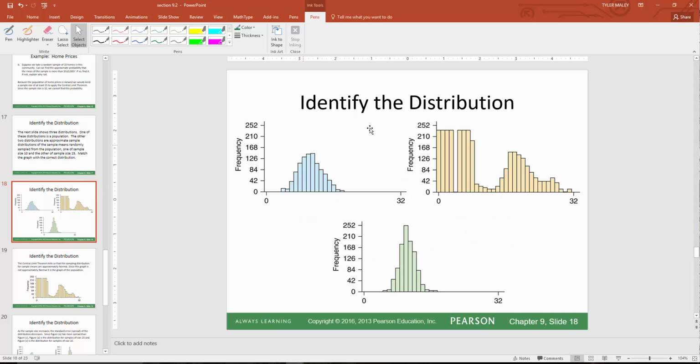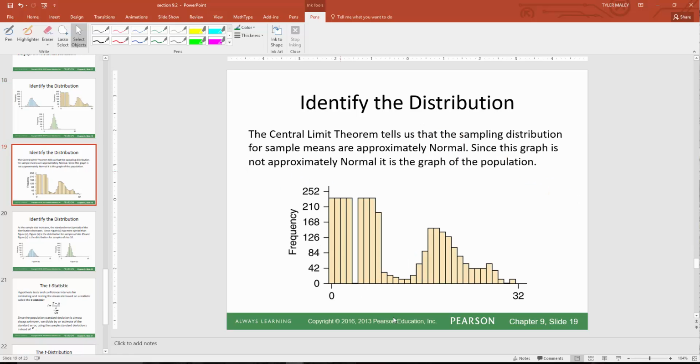So here are my three graphs. You want to notice that this looks about normal, this looks about normal, and this definitely doesn't look normal. The one that definitely doesn't look normal is going to be the graph of the population.